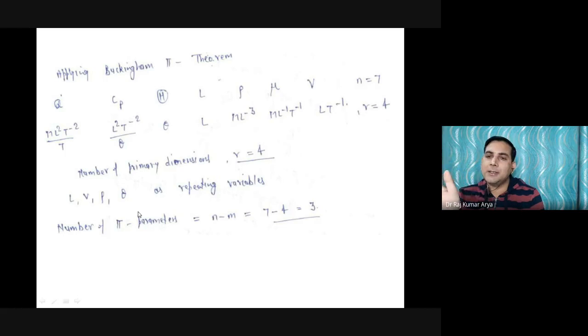That is the guideline. Choose the repeating variables such that every primary dimension comes into them in least power. Getting the point? So if you choose only L, V and rho, your theta is not involved in the repeating variables. So you always have to add theta also here.